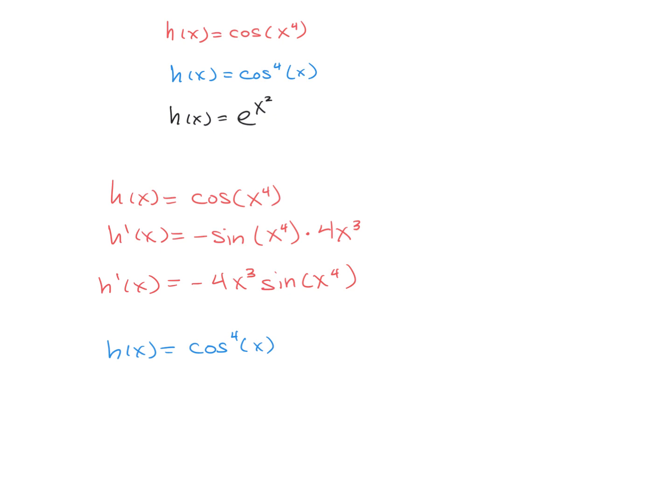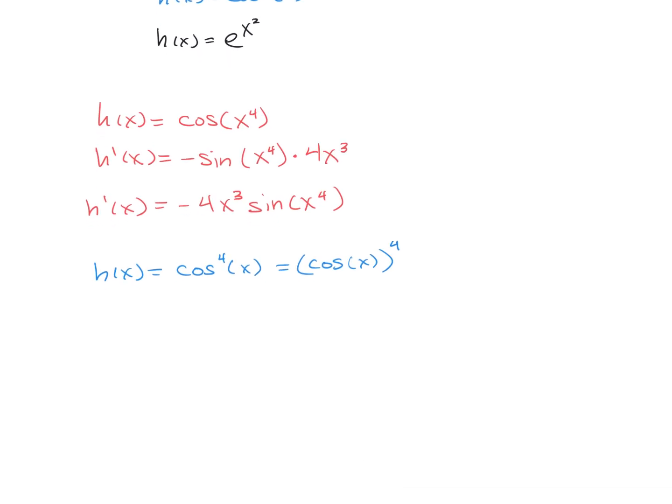So what I find extremely helpful for myself is to rewrite this as the cosine of x in parentheses raised to the fourth power. This tells us that the outside function is the exponent of 4 and the inside function is the cosine function.